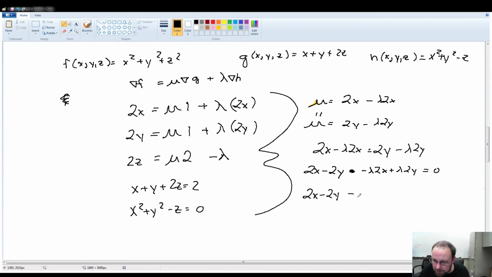I'll factor out a negative lambda from these two terms. Okay. And now we see that 2x minus 2y itself is common to both factors, so let's factor it out.